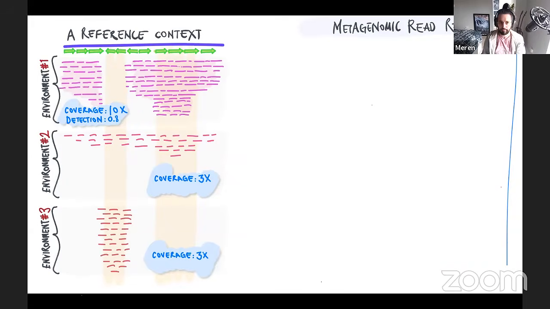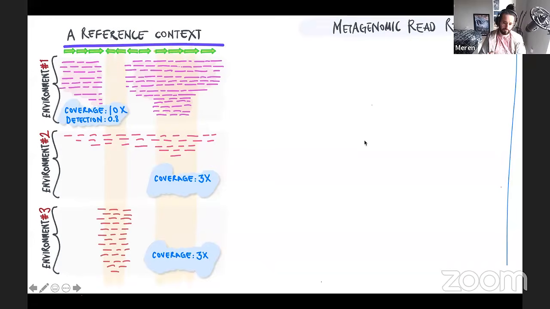Because you may, for instance, ask: what are we going to do if the genome is covered 10,000x everywhere, but here only 1x? Are we still going to say it is detected? And I would argue, yes, we are going to say it's detected, because detection does not care about abundance. But from another point of view, if the genome is not 10,000x covered, if it's 1,000x covered, you may not have enough sequencing reads to detect this portion.